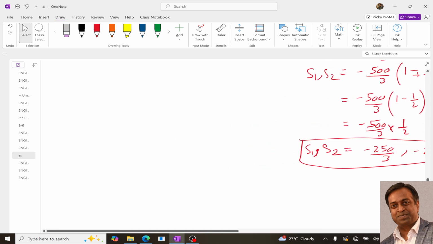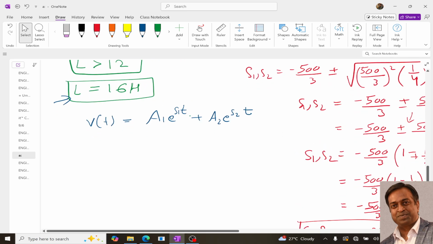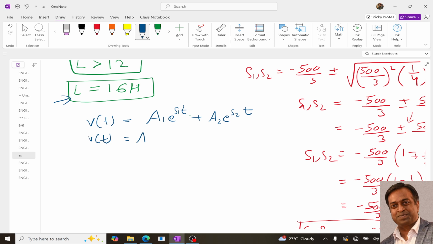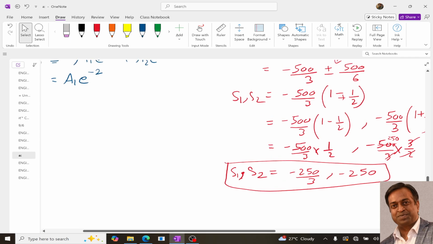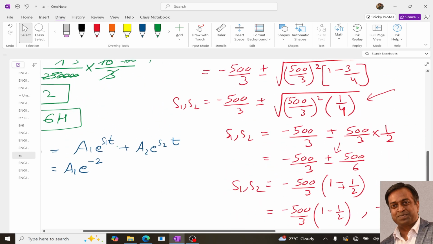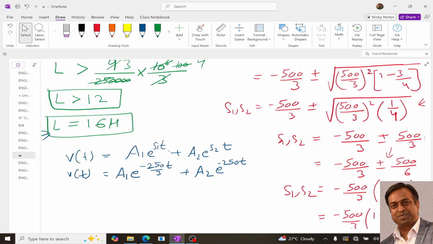Now substituting this value in this equation, we will get Vt is equal to A1 e power, first value is minus 250 by 3 t, plus A2 e power minus 250 t, right?